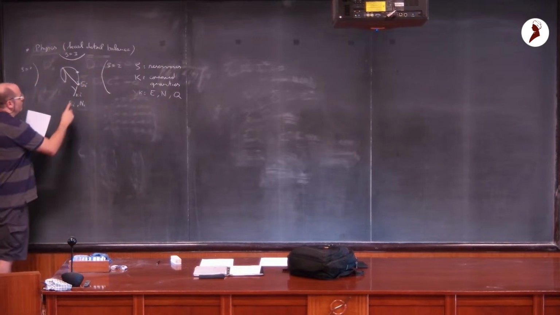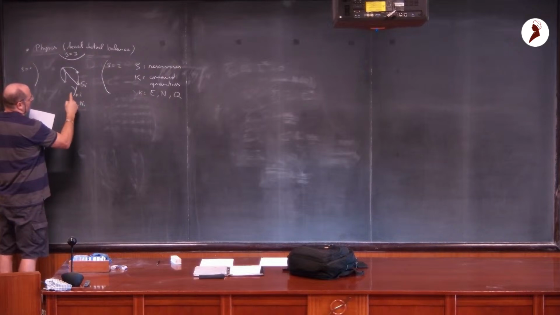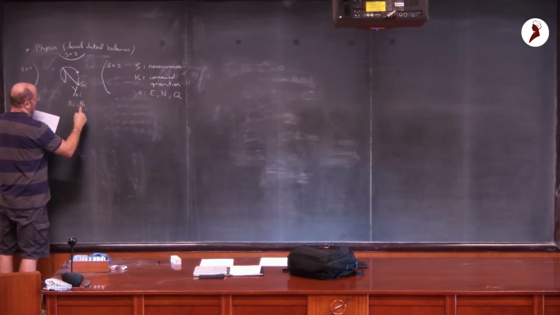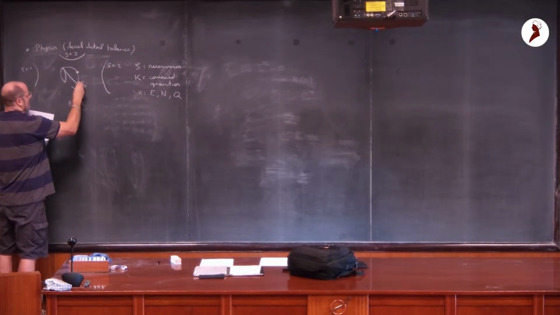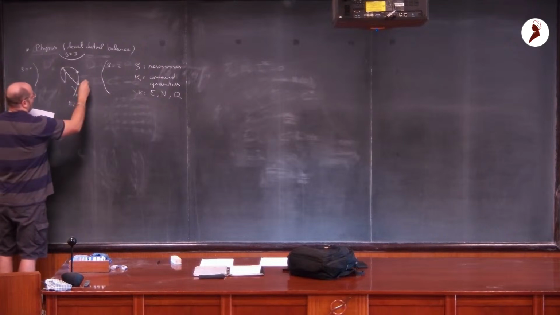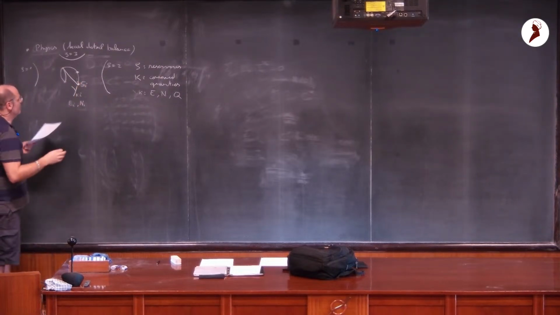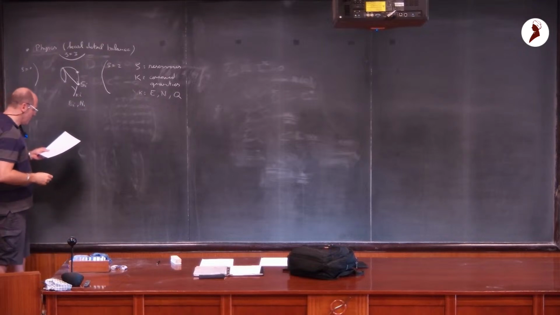I use the label K just because this could be a vector, like here. So this is the list of the amount of conserved quantity on that site. To each site, I assign an entropy and a set of conserved quantities.